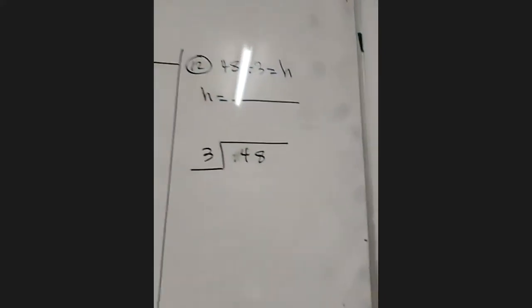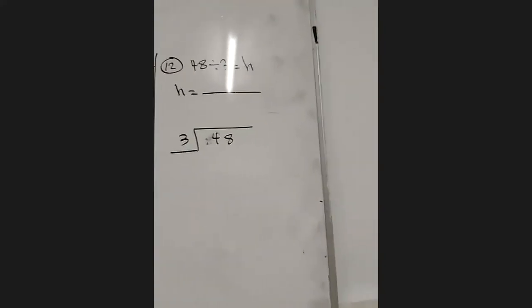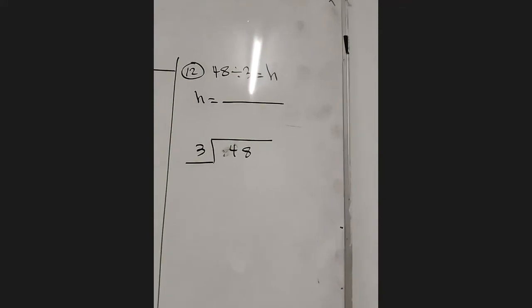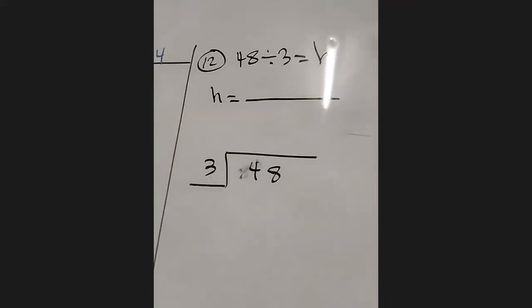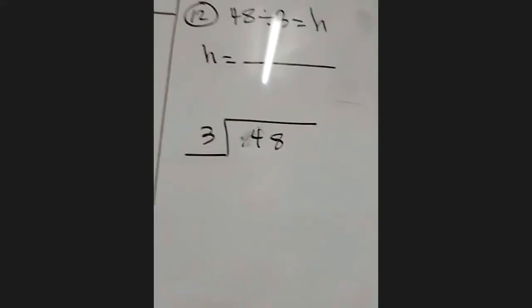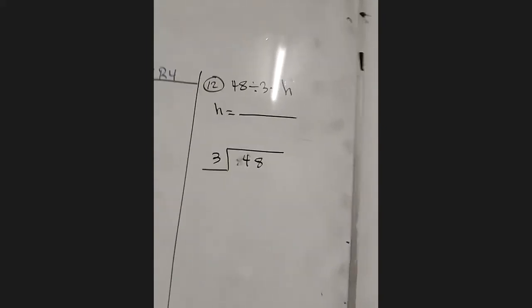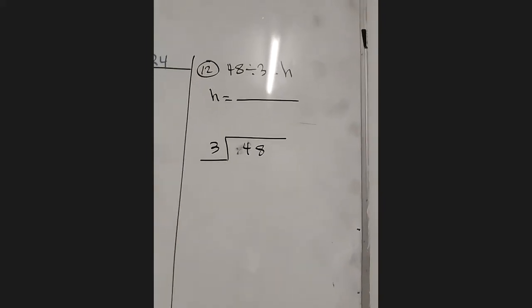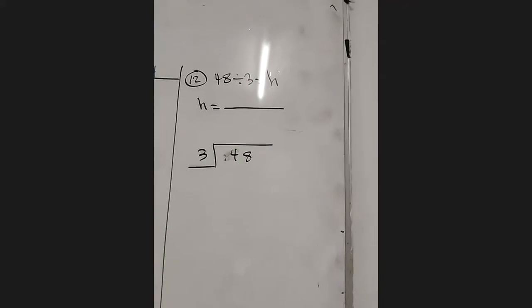Now 48 divided by 3. Ghassan. Yes, Mr. Yalla ya Ghassan. We will do 48 divided by 3 to know the value of h, right? Tell me where we will start and what we will do.